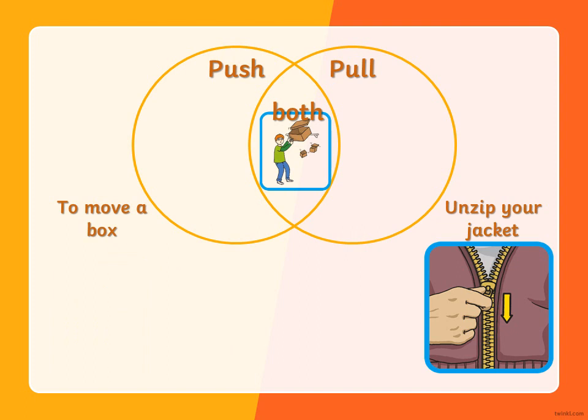To unzip a zipper, what do you do? You move it downwards. So when you move it downwards, try to act it out. Which force are you using? You're using pull force to unzip your jacket.